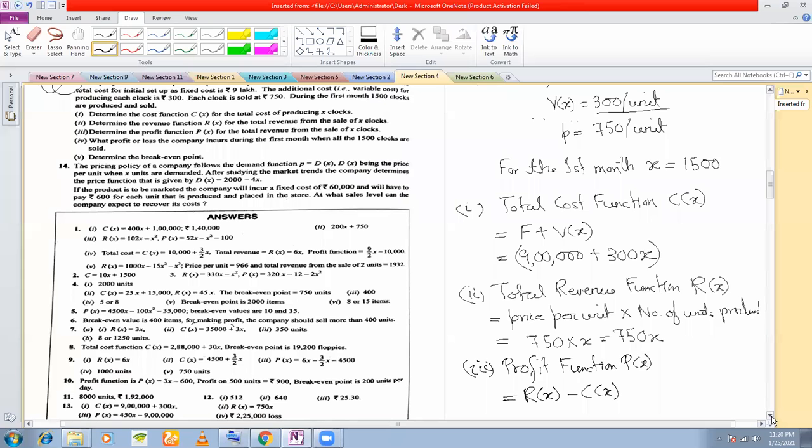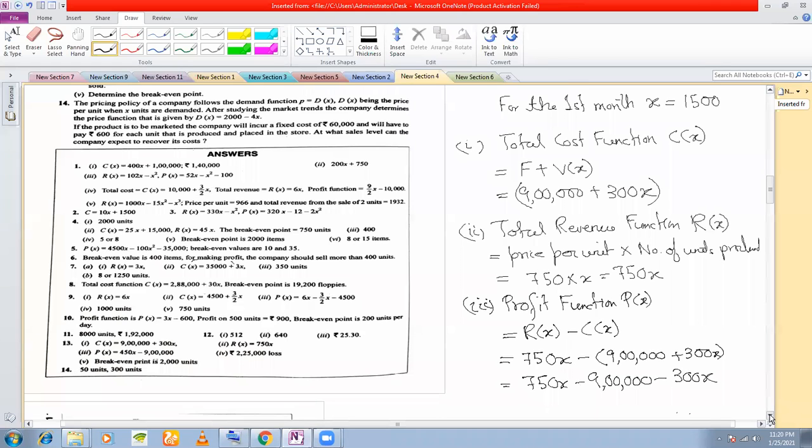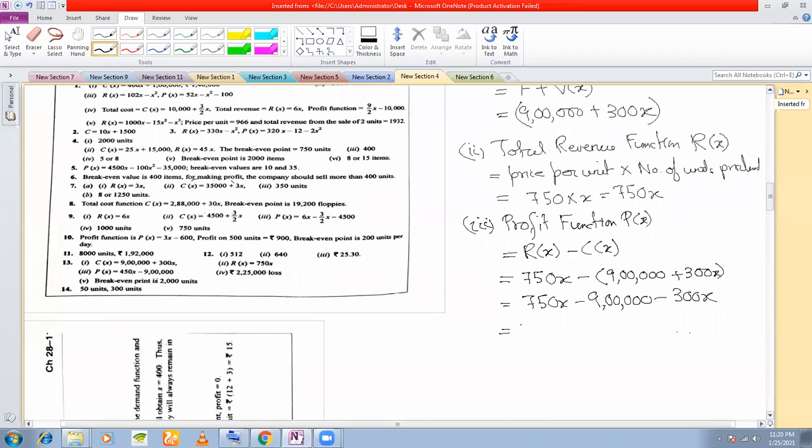We know R of x is 750x, and cost is 9 lakh plus 300x. Open the brackets: 750 minus 300 is 350. So 350x minus 9 lakh. Clear? This is your profit function.